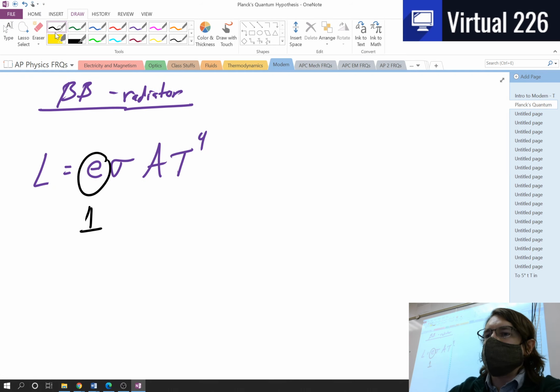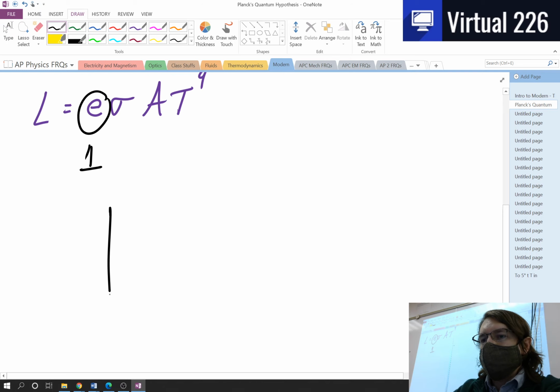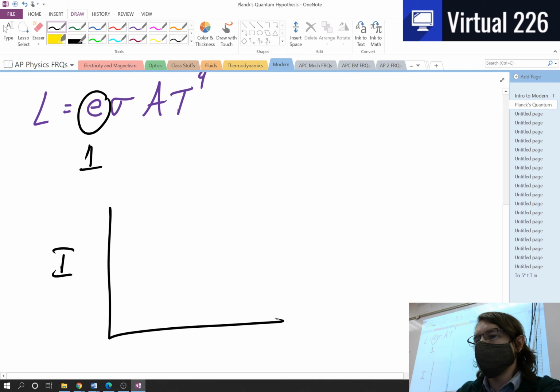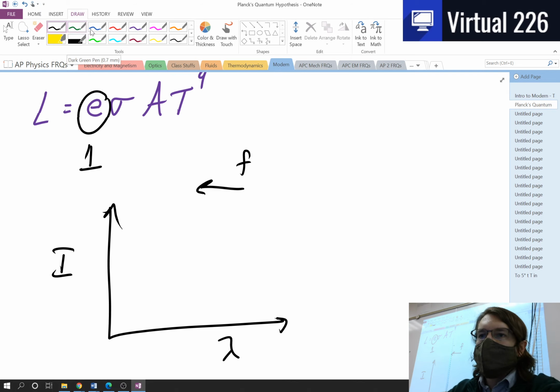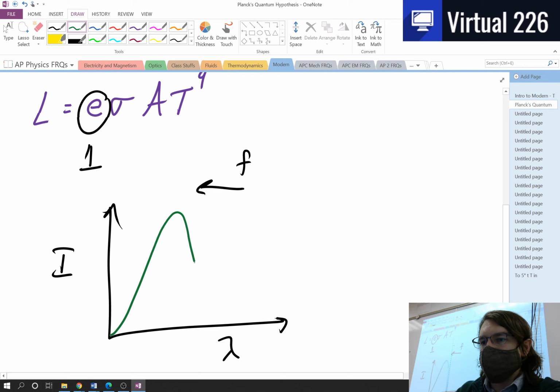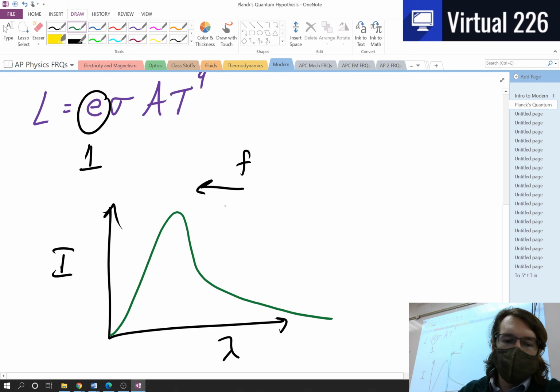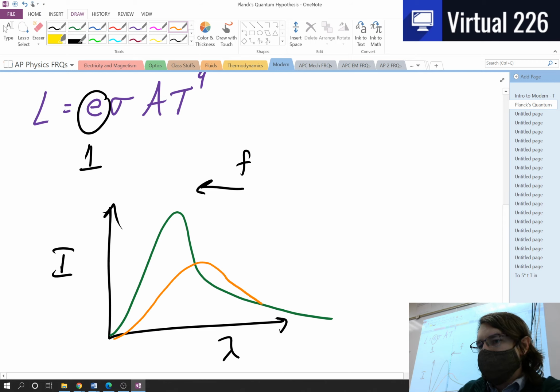So with this right here, there's actually one interesting thing we can do. If we make a graph of the intensity of stars or of light based off of their wavelength, which would mean that frequency, since they're inverses, goes the other direction, we'd actually see that we could create a graph where colors like green would be on the left and colors like orange would kind of peak a little bit further to the right.